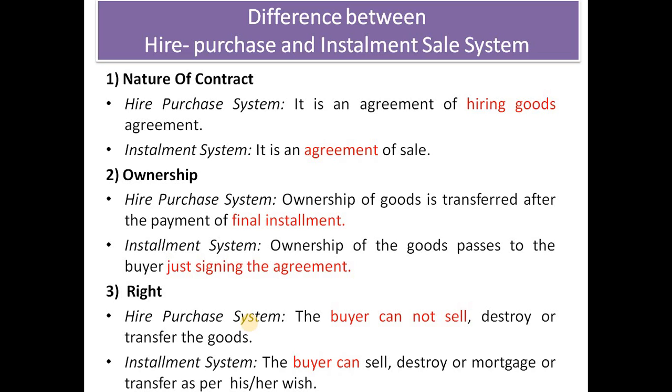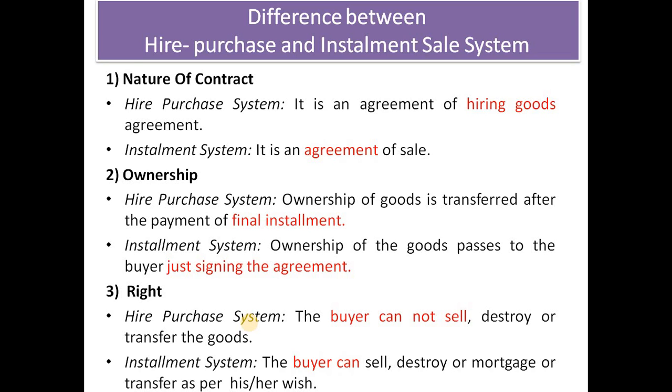Nature of contract. Hire purchase system, it is an agreement of hiring the goods, and installment sale system, it is an agreement of sale. So this is the most important difference between the two. When a hire purchase agreement is entered, the hire buyer does not become the buyer at that point of time. He is going to become the buyer of that particular goods at the end of the agreement after paying all the installments.